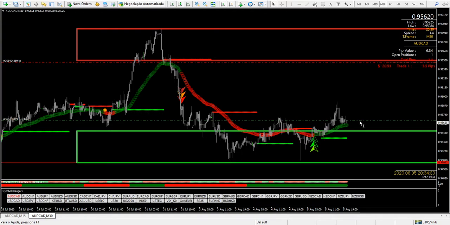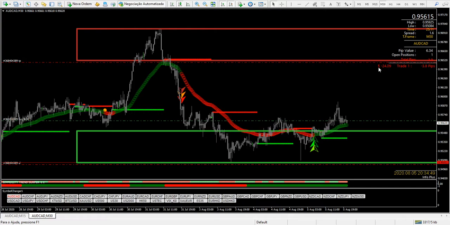Well, let's just do that. Stop loss placed, take profit placed. There is absolutely no other movement to be done. Let's just wait for the price action to work itself.